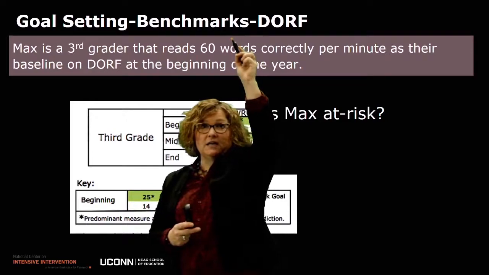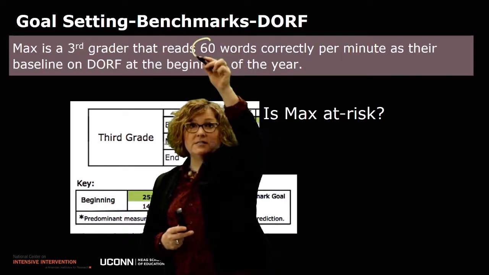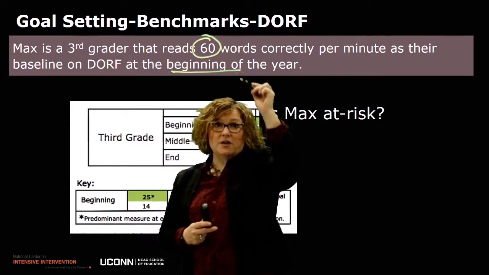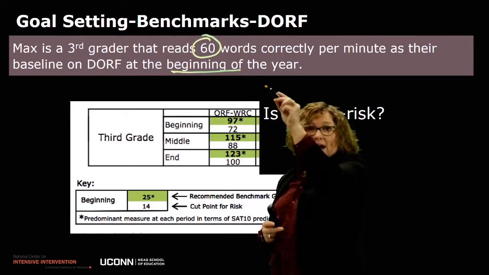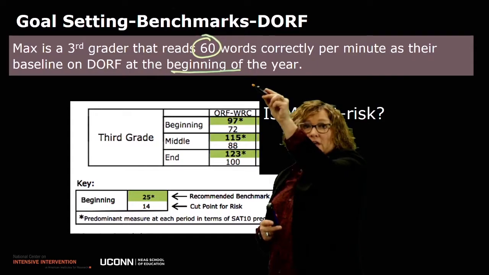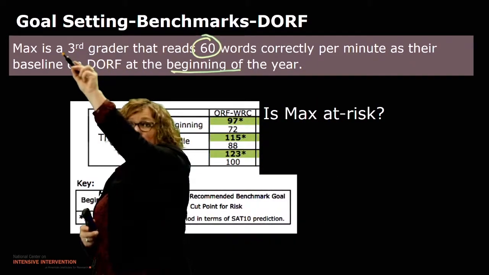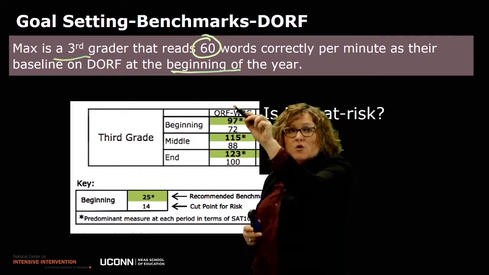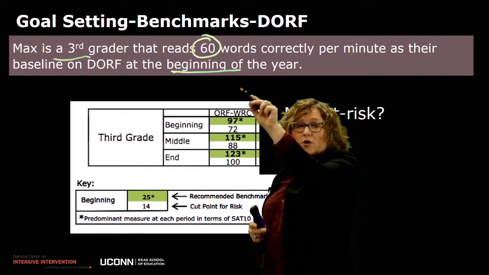Max is reading right now 60 words, and it's the beginning of the year, okay? So let's go back to our sheet. We know that 3rd graders, and Max is 3rd grade, right? Okay, let's go back to our norms or benchmarks for our program.